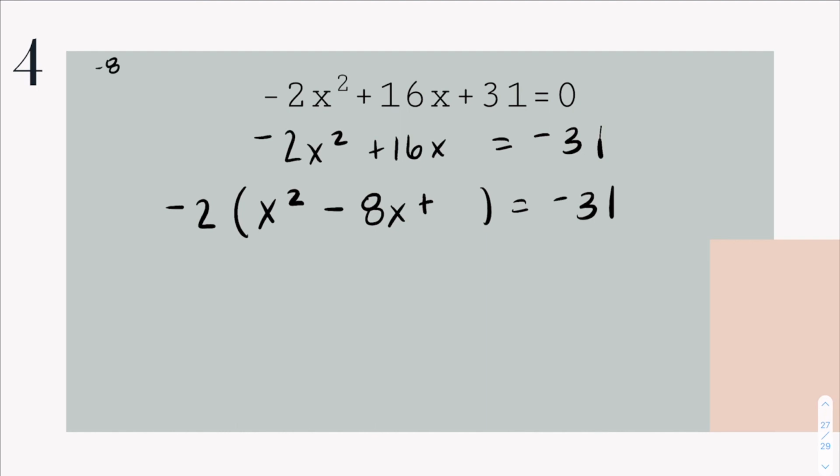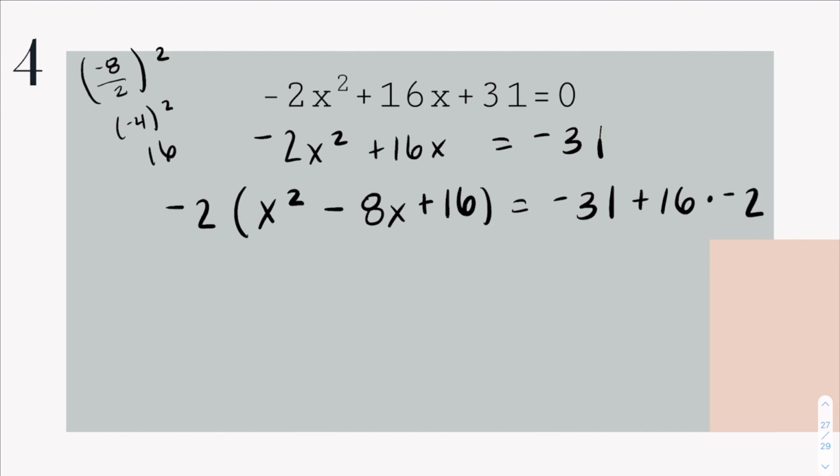So we do -8 divided by 2 squared. Gives us 16. Remember, what we do to one side of the equation, we must do to the other. But here we didn't just add 16, we added 16 times -2.